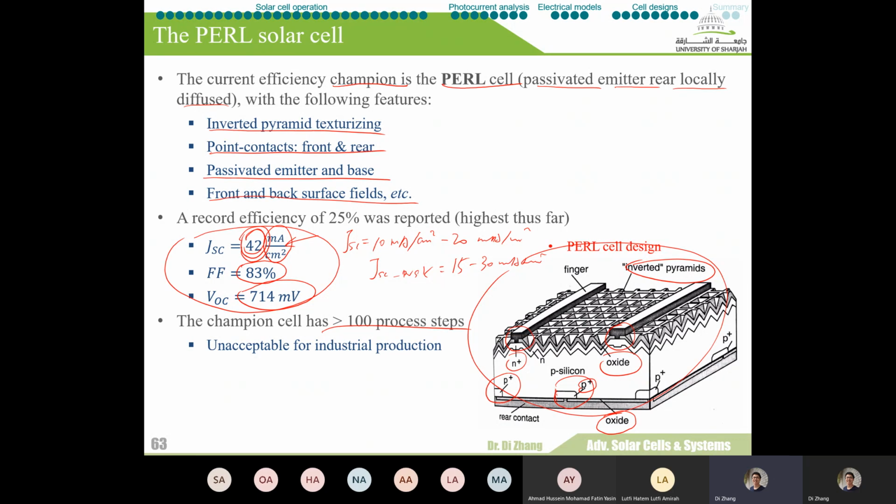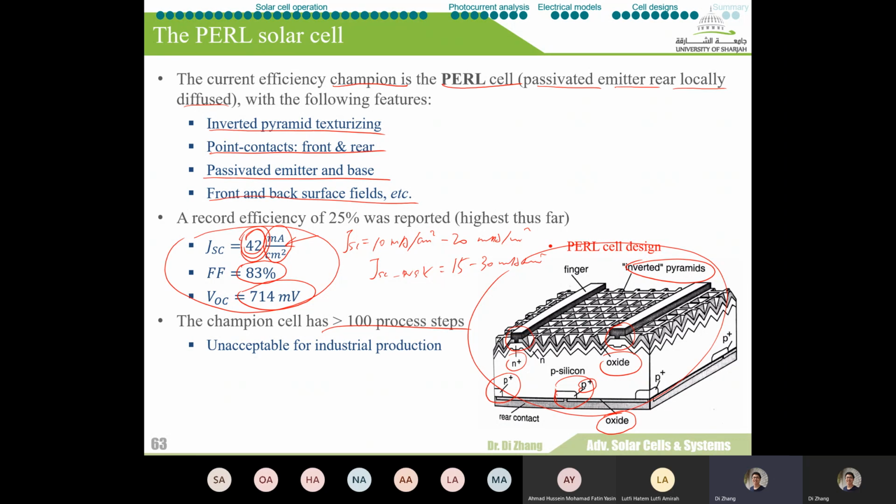Which is why nowadays in the market, most of the solar modules we're using don't exactly have 25% efficiency. Most of them have lower than 20%, because at the end of the day, you do have to find a balance between the cost and the performance.